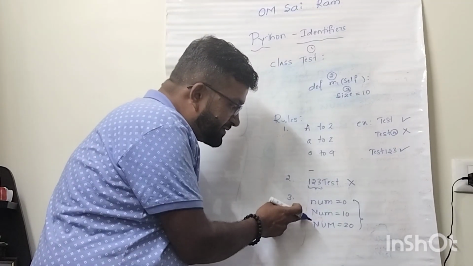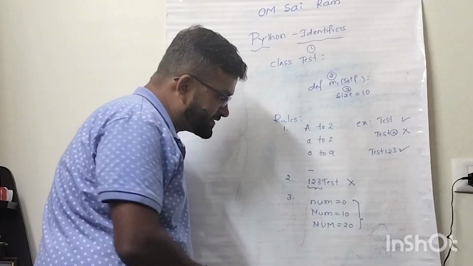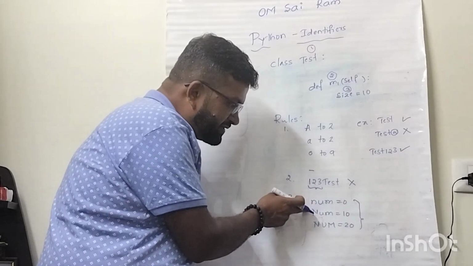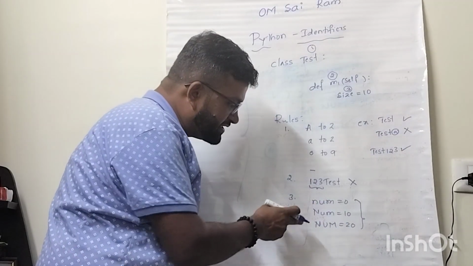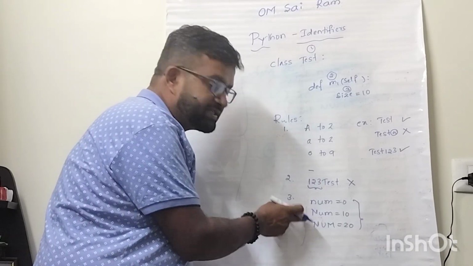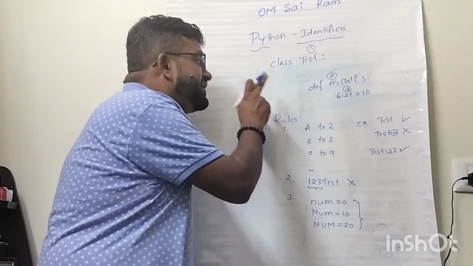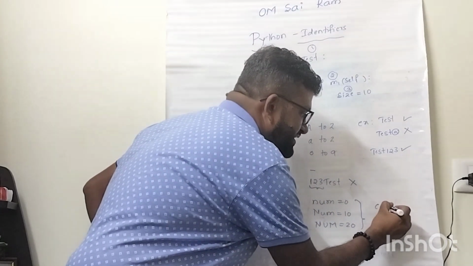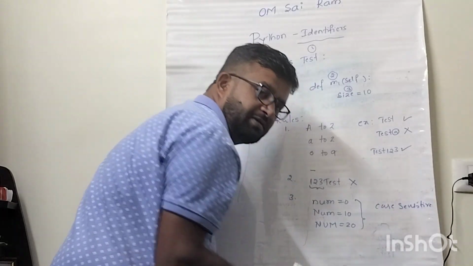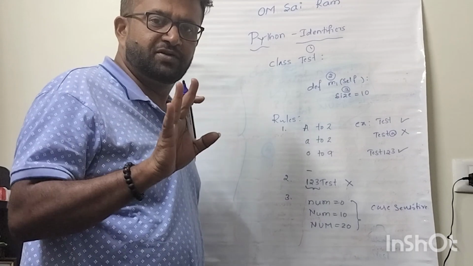All three variables are different, because in the first variable all are lowercase, in the second the first character is uppercase, and in the third all are uppercase. All three are different because identifiers are case sensitive, because Python itself is a case sensitive language.